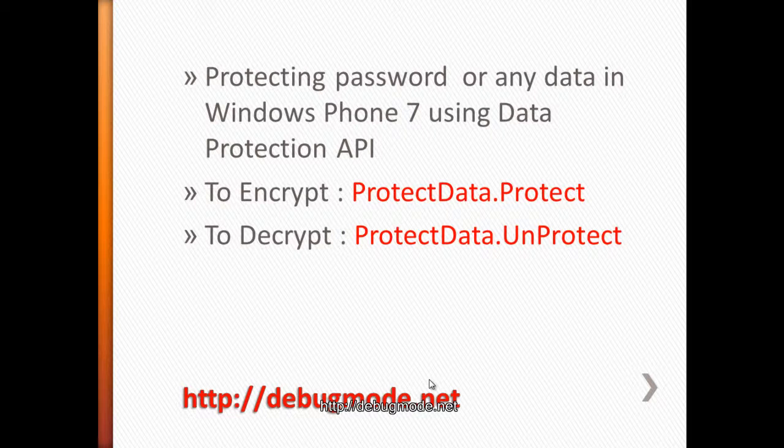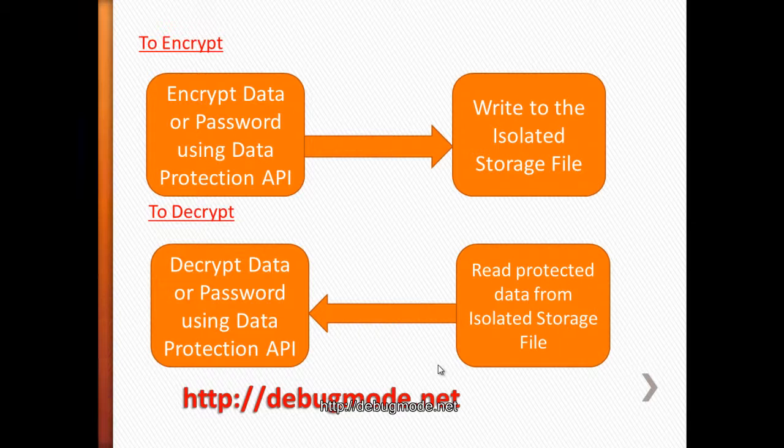Just call the Protect function of the ProtectedData class to encrypt the data, and to decrypt the data you need to call the Unprotect function of the ProtectedData class. The usual way to protect your password or any important data is first to encrypt the data using the Data Protection API, calling that protection method.